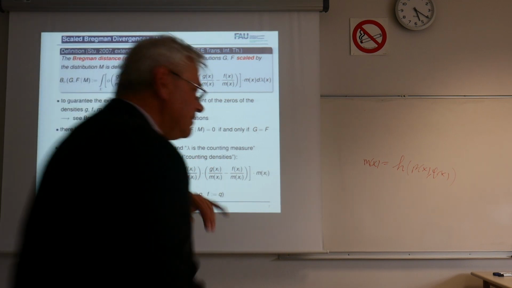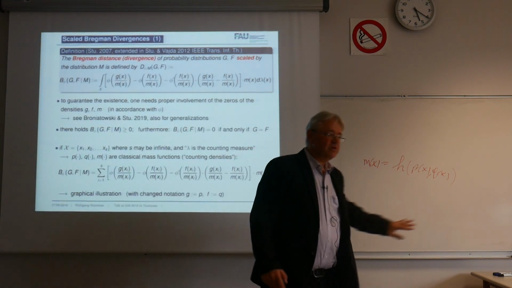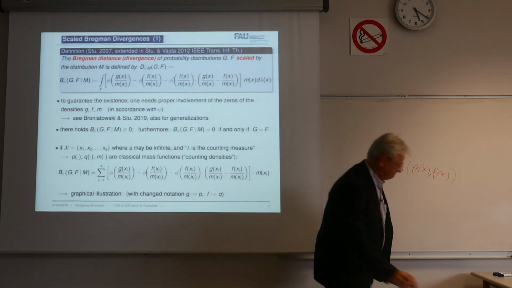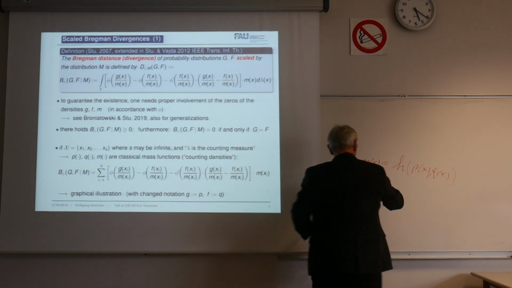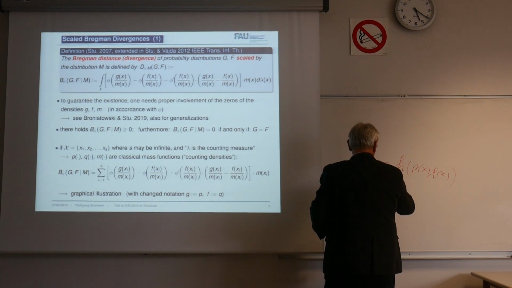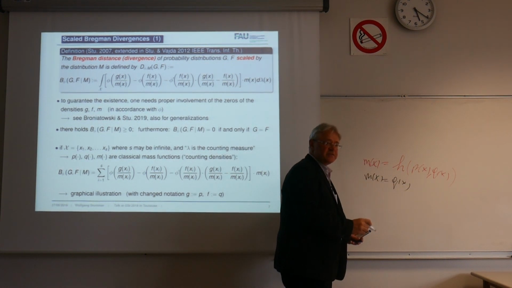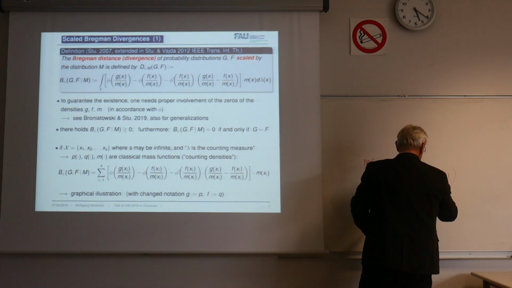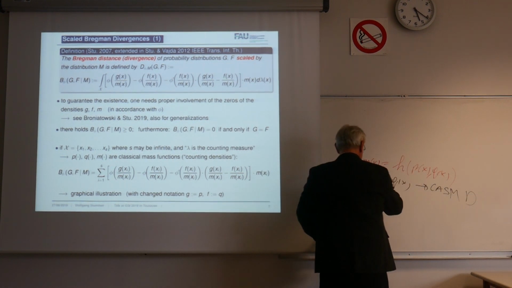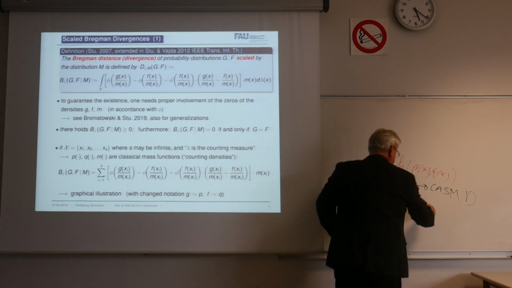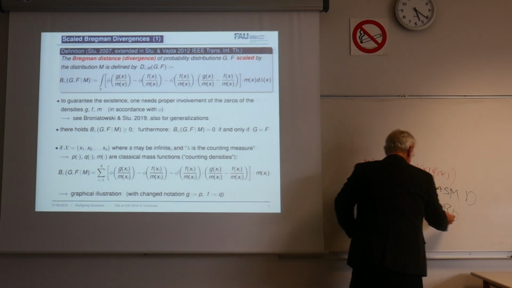But the first idea was also, you see, if I use this scaling, q of x, then as a special case you have the Csiszár, Ali, Silvey, Morimoto divergences. And if you take m of x to be 1, you have the ordinary Bregman distances.